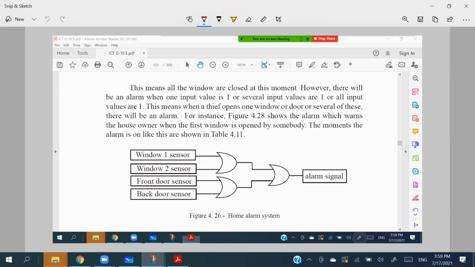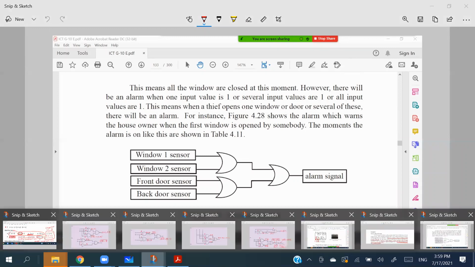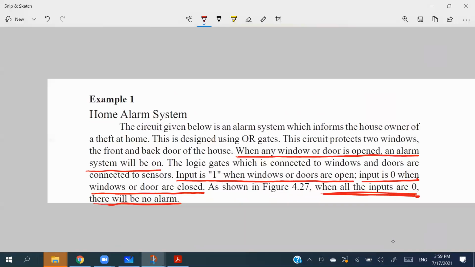If any one of the windows or doors is open, the alarm must be triggered, right? So they will give you what's going to be the 1 and what's going to be the 0 for the doors and windows, as they say previously. The input will be 1 when the window or door is open. Input will be 0 when the window or door is closed.